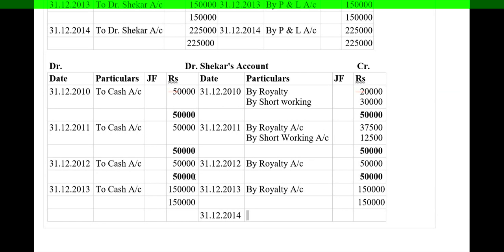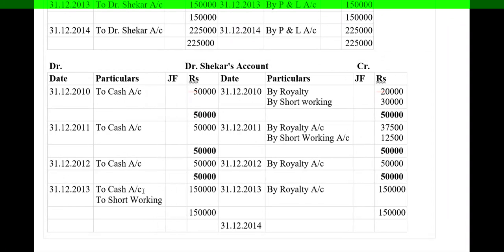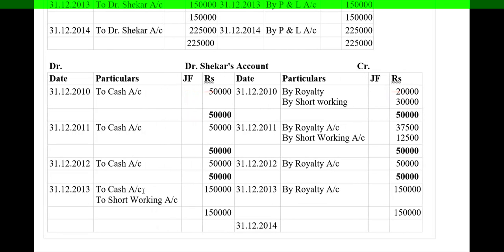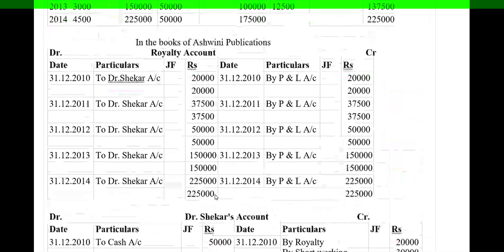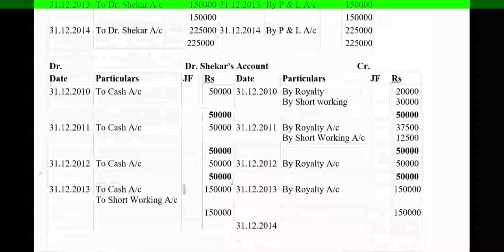Oh, sorry. In 2013, there is a recovery of the short working here. So to short working account. So here you can see in the chart in the third year, there is a recovery of 12,500, which we have not taken.